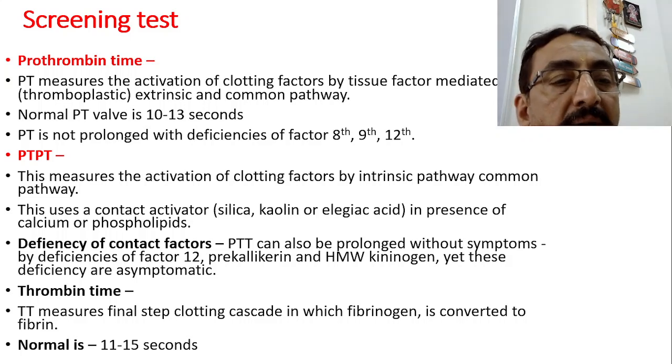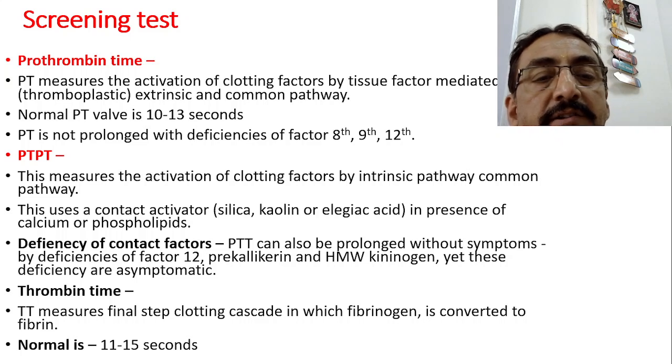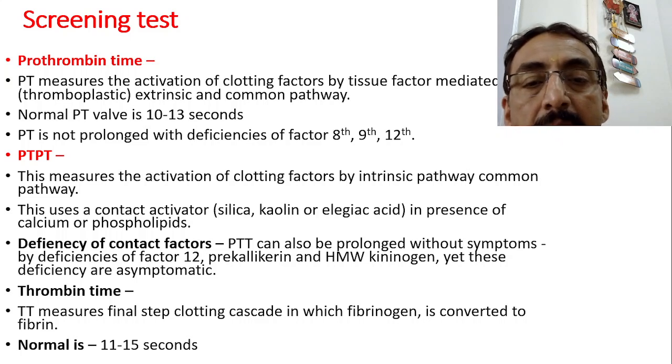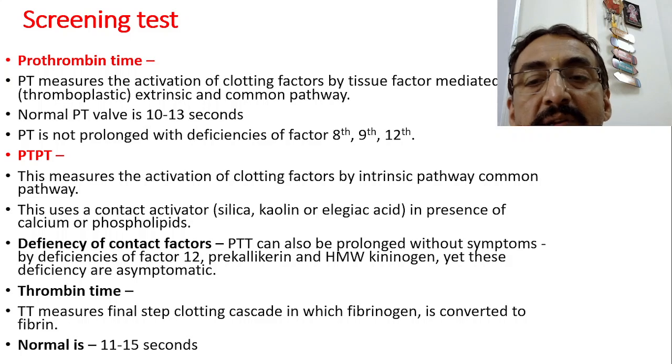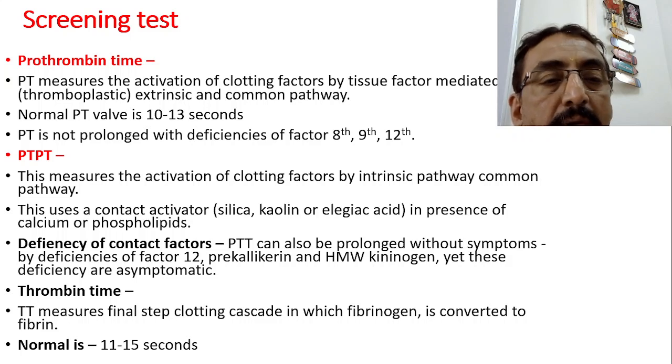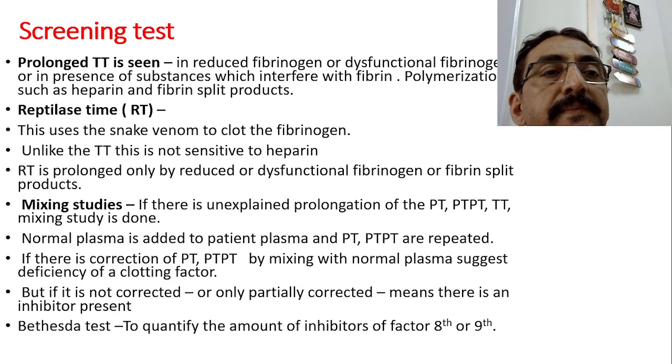Talking about the thrombin time, it measures the final step of the clotting cascade in which fibrinogen is converted into fibrin. So if the thrombin time is affected, that suggests that fibrinogen conversion into fibrin is affected. The normal thrombin time is 11 to 15 seconds.